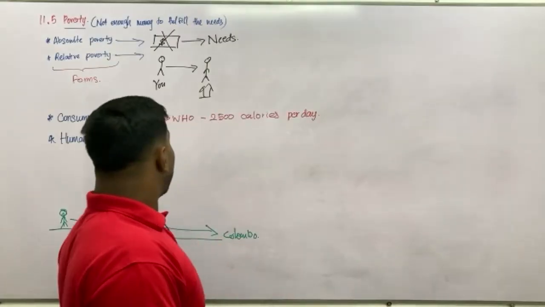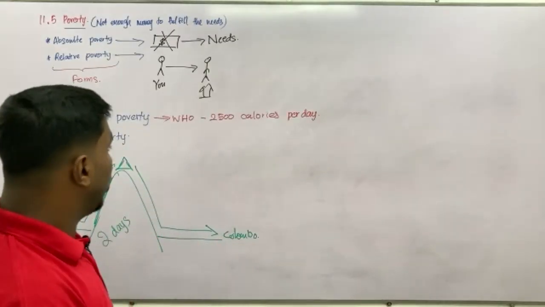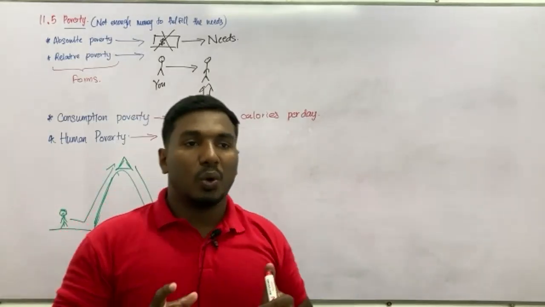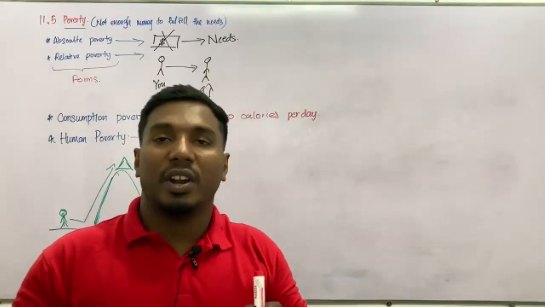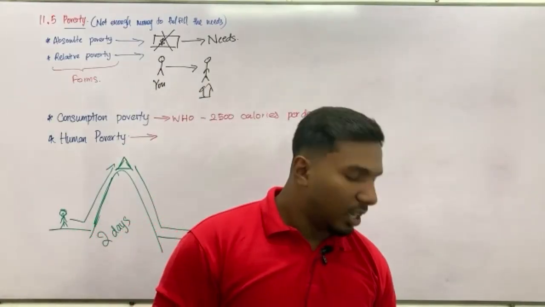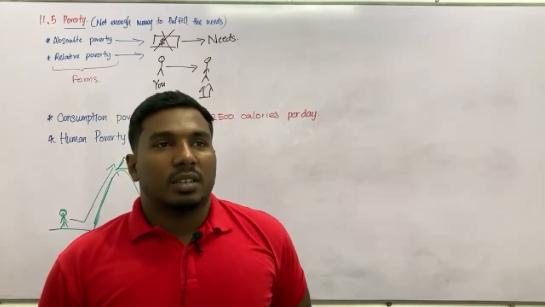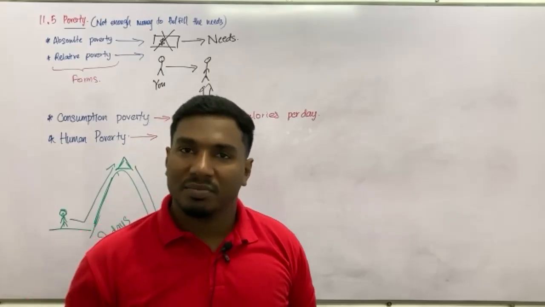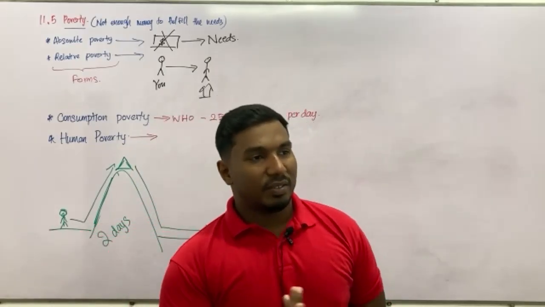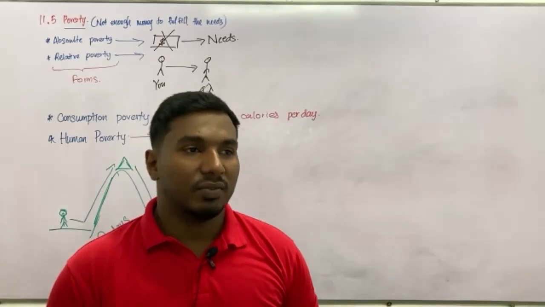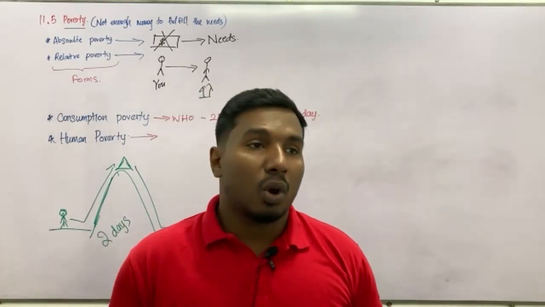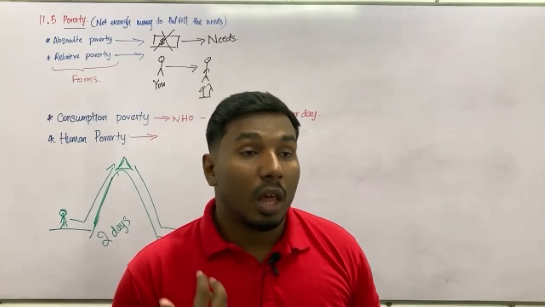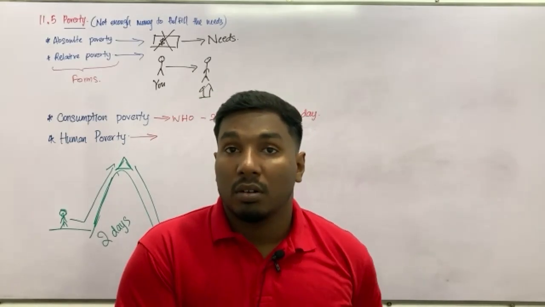Human poverty is what? A person who doesn't have any good human relationships. Imagine a person who is always alone. He doesn't have a mother, father, wife, any person to talk with him, any person to take care of him, any person to love him.